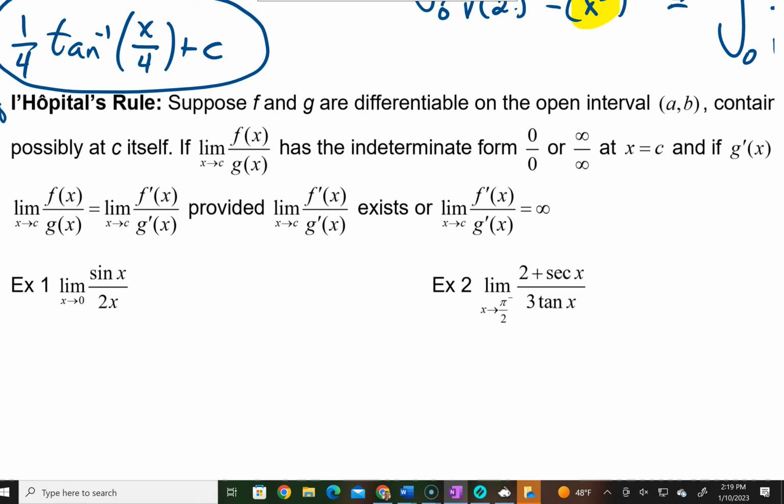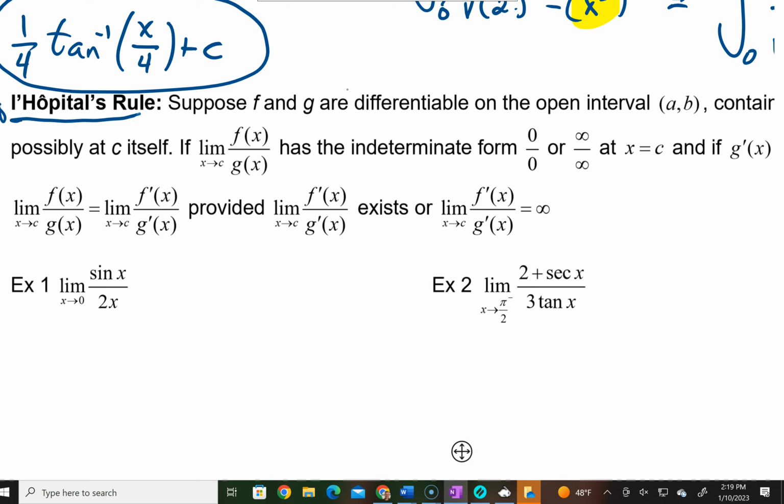There are plenty more problems that we could look at, but we're going to keep it to what you are accountable for in May. L'Hopital's rule will become your favorite method to evaluate a limit. It can take hard limit problems and make them very easy. It's a very cool method.